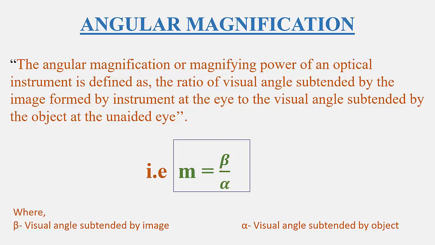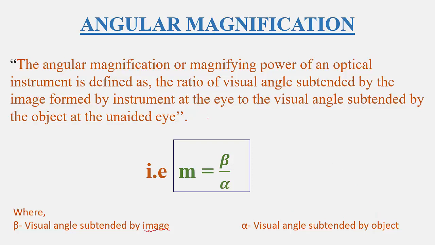See here, the ratio of the visual angle subtended by the image formed by the instrument at the eye to the visual angle subtended by the object at the unaided eye is given by the equation m equal to beta divided by alpha, where beta is the visual angle subtended by the image formed by the instrument at the eye, and alpha indicates the visual angle subtended by the object at the unaided eye.